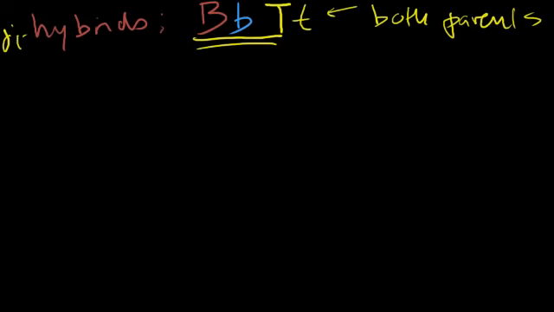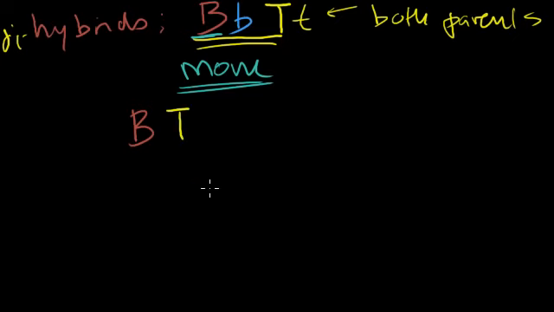So if I'm talking about the mom, what are the different combinations of genes that the mom can contribute? Well, for each of these traits, she can only contribute one of the alleles. So she could contribute this brown right here and the big T. This is one combination.